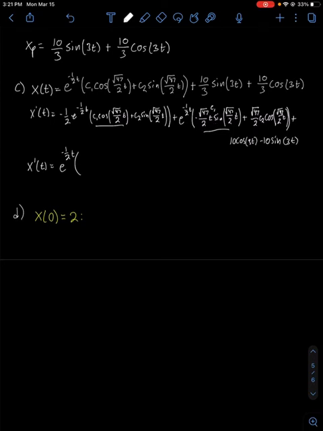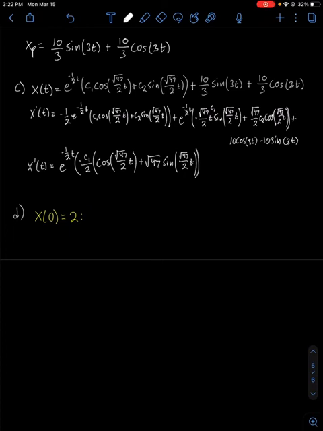So let's take out a negative C1 over 2, and then this is going to be cosine of root 47 over 2t, I'm sorry, not times, plus root 47 sine of root 47 over 2t, plus, that's all the correct parentheses there.